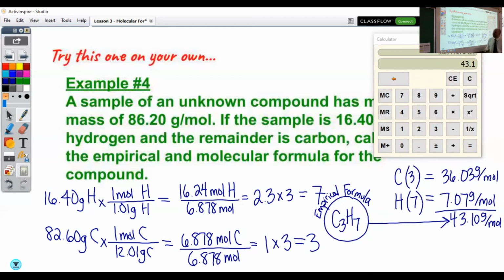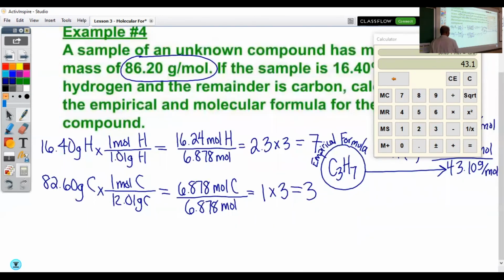The final step in this process is to take that molar mass that they gave us, this 86.20 molar mass or molecular mass, and divide it by our empirical formula mass.